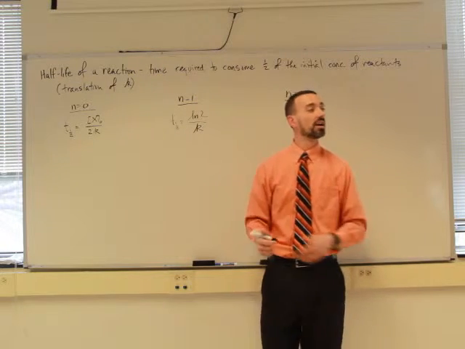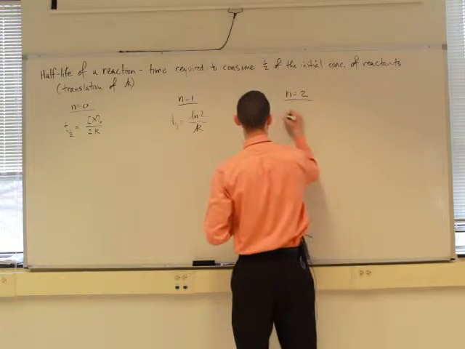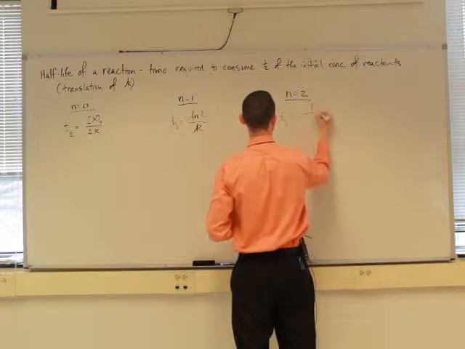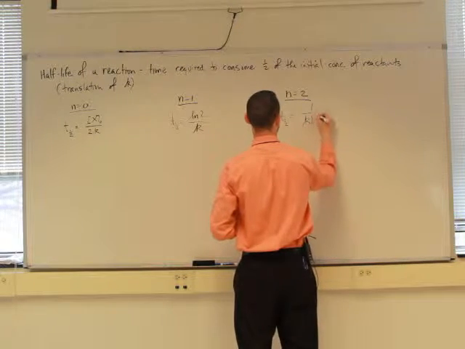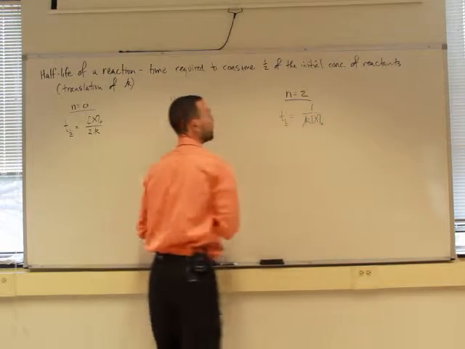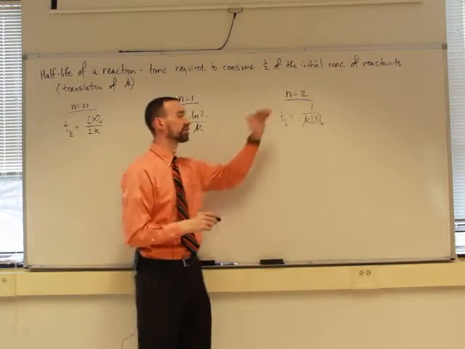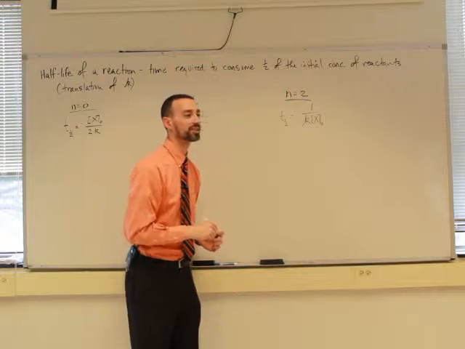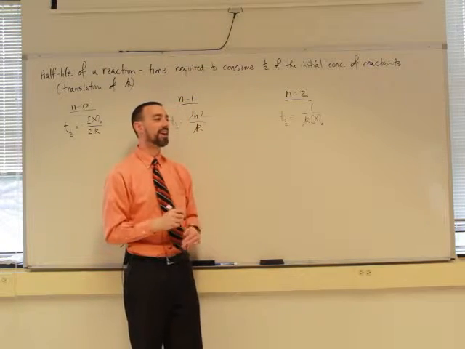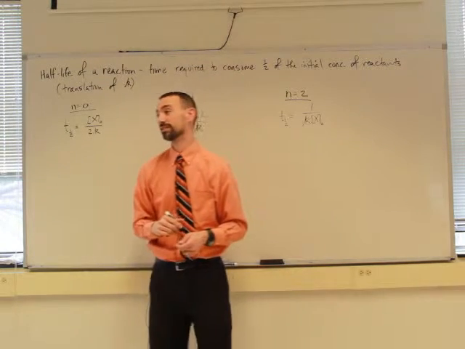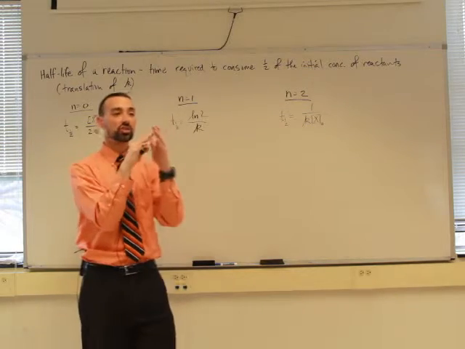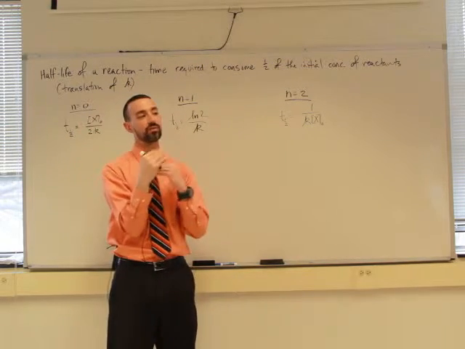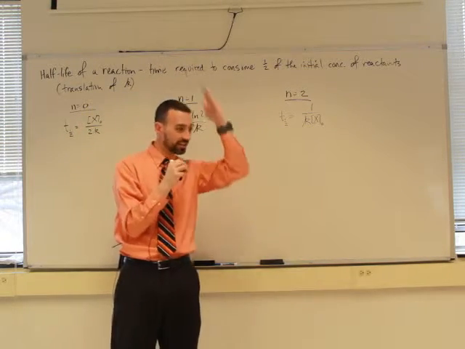If you're a 2nd-order spender, though, uh-oh, look out. As I increase your amount, you actually spend even faster, 4 times faster if I double your amount. And your half-life actually gets shorter. Now, that's just to use up the first half, and then you kind of reset and it slows down dramatically.